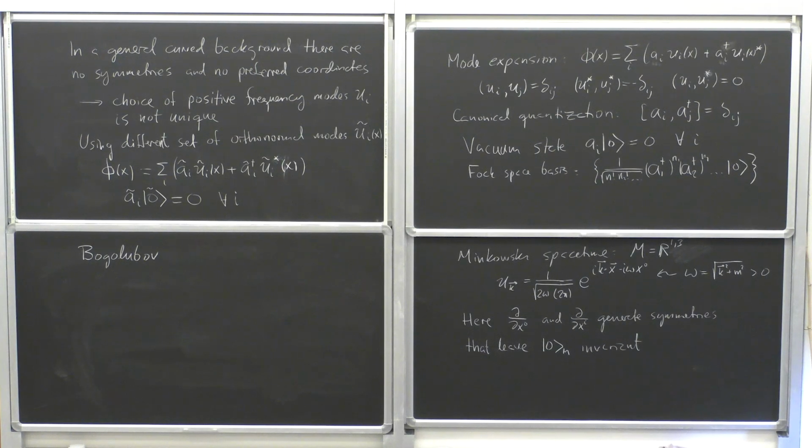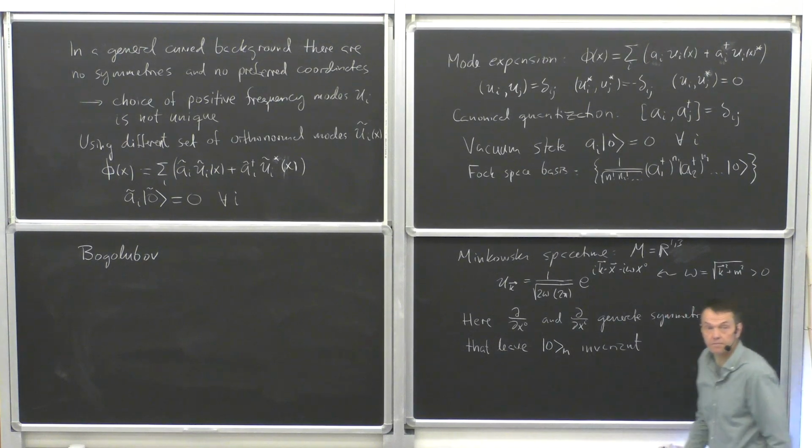But in that case, they create the same vacuum. Right? If you do a Lorentz transformation, yes. If you go from one inertial frame to another, then that's the case. If you go to so-called Rindler coordinates, for example, which are natural for a uniformly accelerated observer, that will no longer be the case.